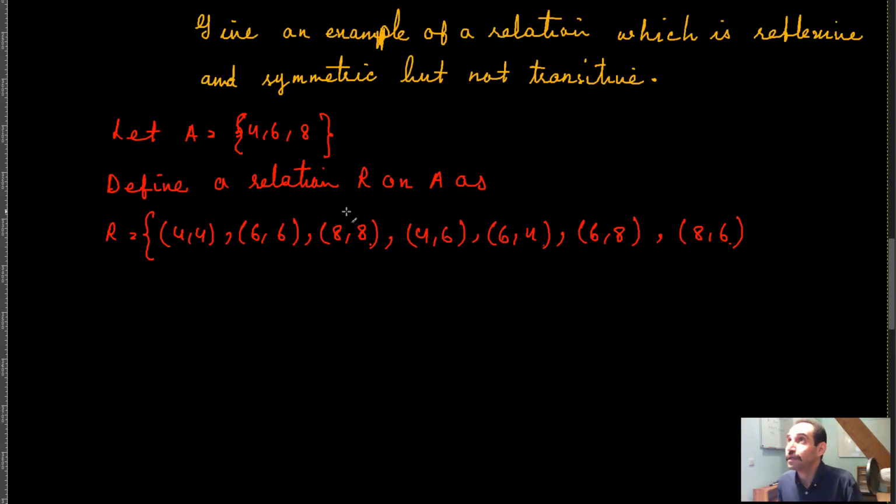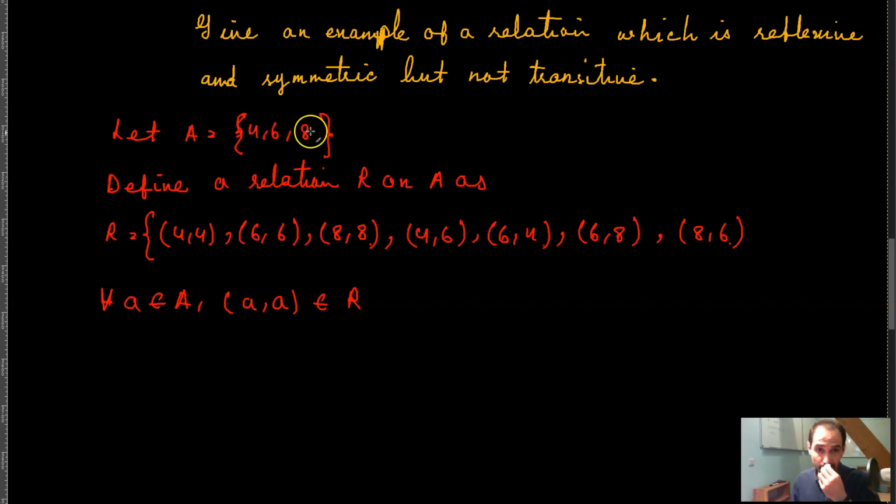Then you can say that the relation R is reflexive, since for every a belonging to A, (a, a) belongs to R, meaning for each of these elements 4, 6, and 8, you have (4,4), (6,6), and (8,8). So R is reflexive.